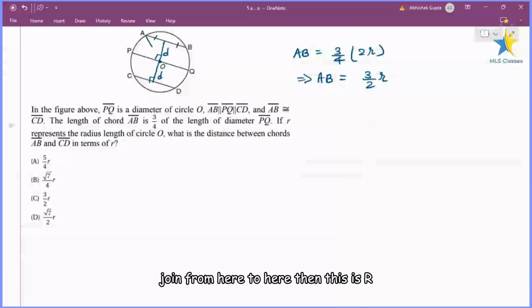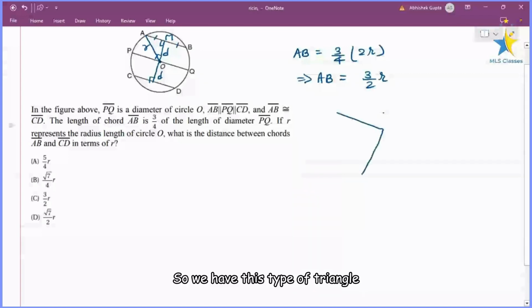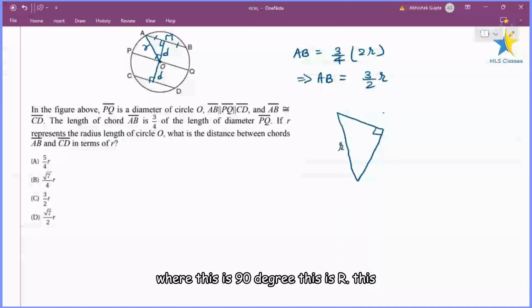Now if we join from here to here, then this is R, suppose this is AO, and suppose this is M. Then if we draw that diagram, this is a 90 degree angle. So we have this type of triangle where this is 90 degrees, this is R, this is A, this is M, this is O, and this is D. And here AM is half of AB because M is the midpoint.